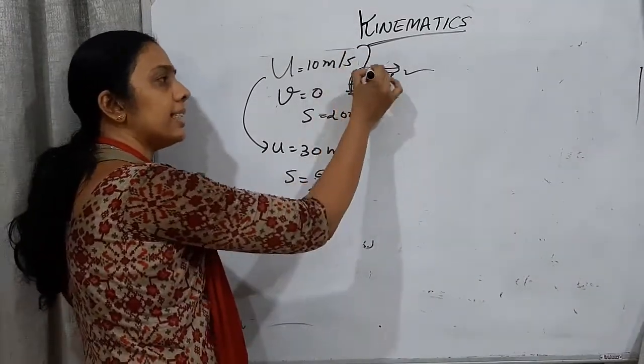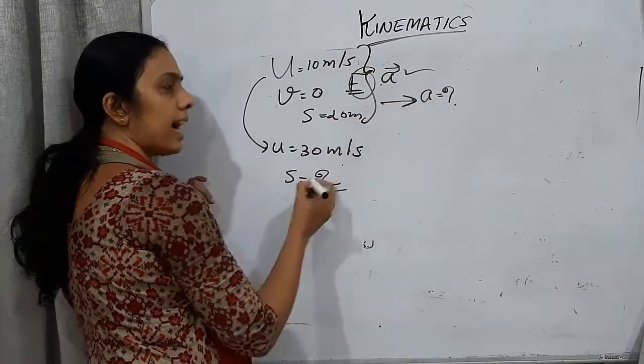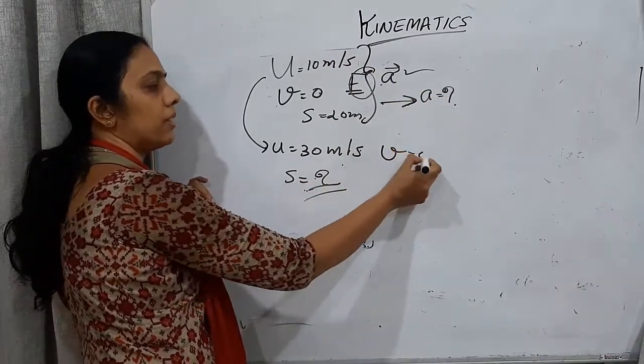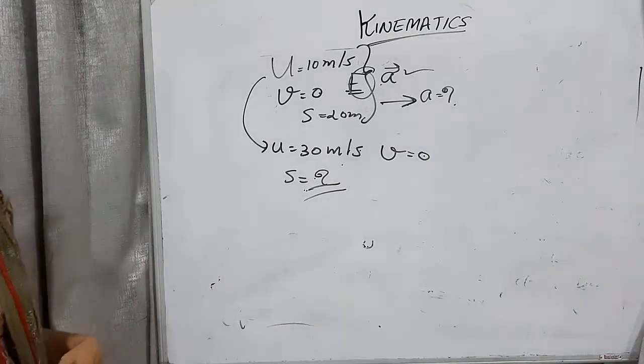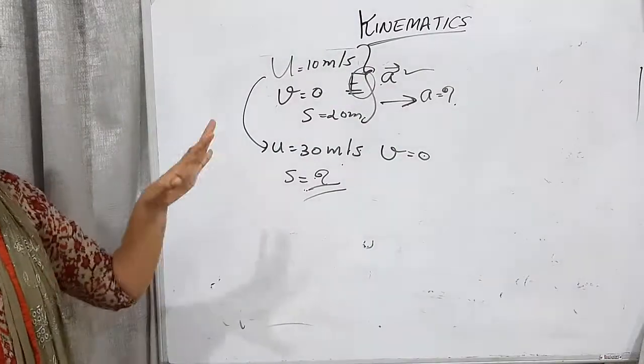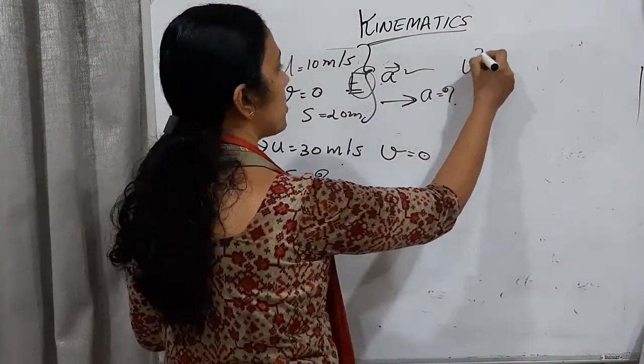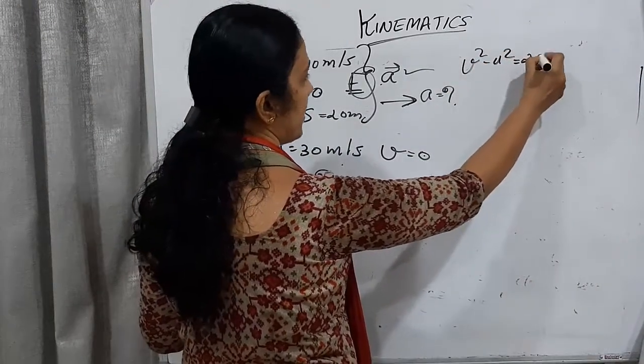So using these details we can find out the value of a. Then that a we can apply over here to get v equals 0, then find out the distance. The same force is applied, that means same acceleration. Okay, so here v square minus u square equals 2as.